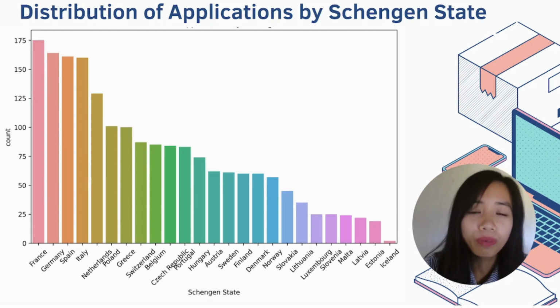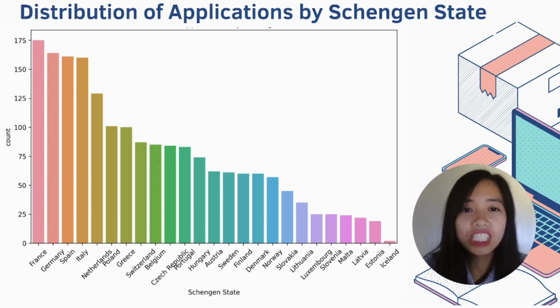It is not very surprising because upon checking, these three countries have an advantage in tourist attractions, economic opportunities, educational institutions, and many more. So it's more likely that tourists are visiting these countries first, so they have a lot of entry visa applications for Schengen.